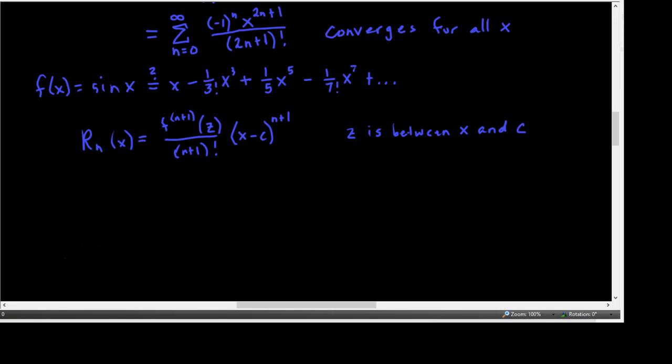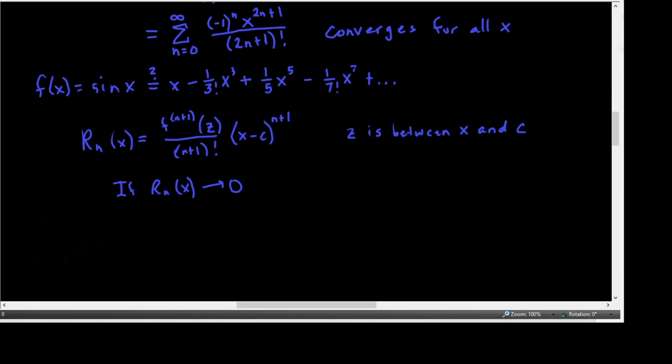So this remainder formula that we have, that value of z depends on x and n. Now, here's the good news. If this r sub n that we've just established what it is equal to approaches 0, then theorem 9.23 tells us that the Taylor series for f actually converges to the function f of x that you use to derive it, like it would be actually equal to sine of x.